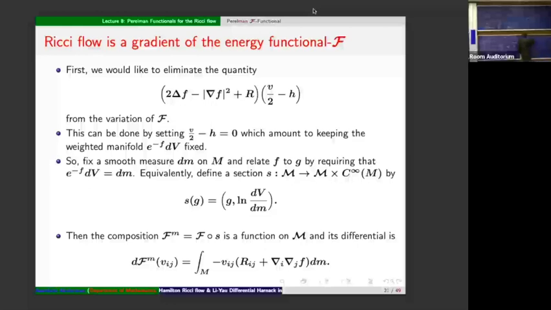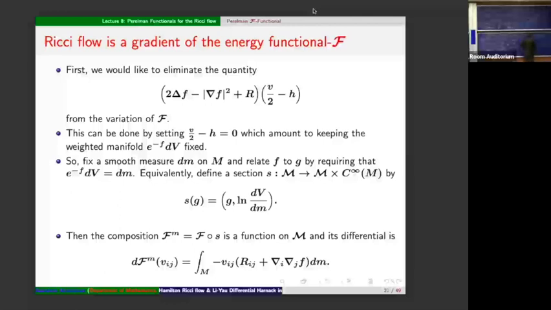Variation of this one, you differentiate this one, gives you minus variation of f, e to the minus f. So that we will write it neatly so that you can see well. So this gives the variation of it, that is minus variation of f, with e to the minus f dv. And this one is e to the minus f variation of dv.